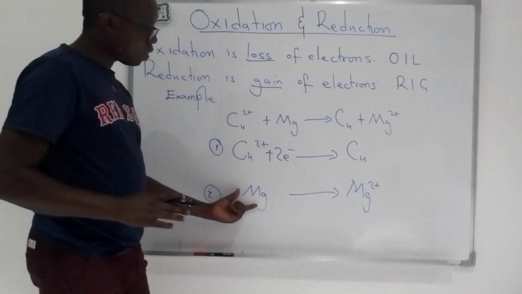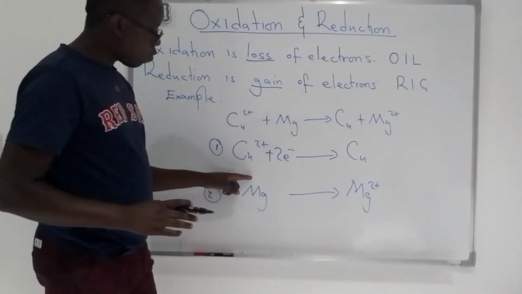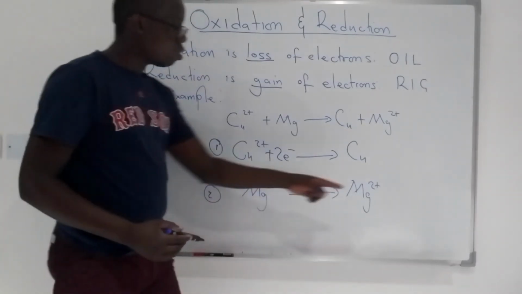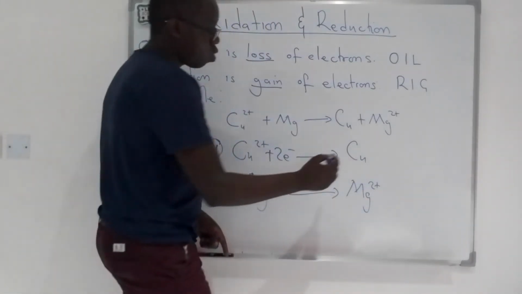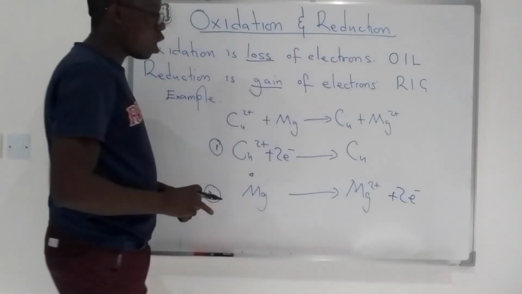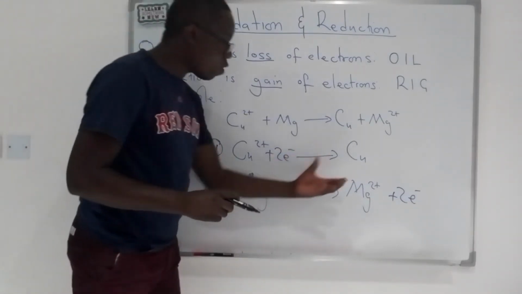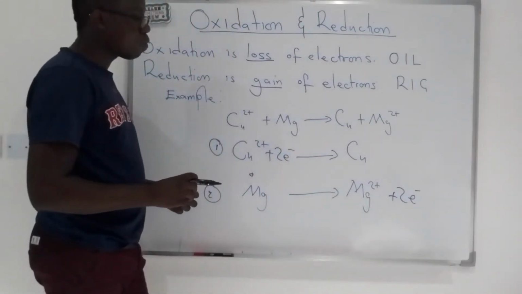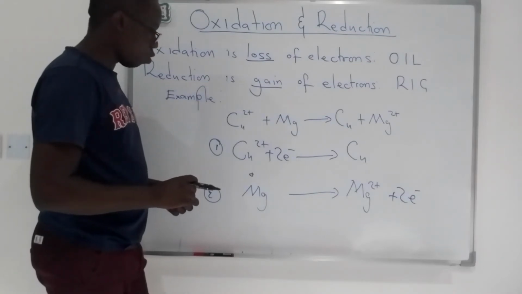What of magnesium? For magnesium, we have the overall charge of 0 and the overall charge of positive 2. So here we can introduce 2 electrons to have the overall charge of 0 on that side also.